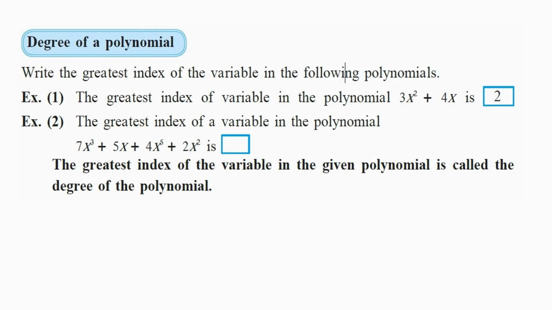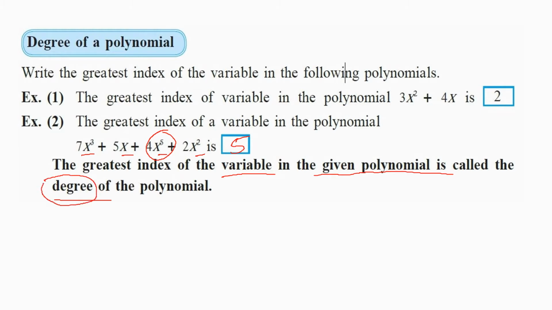The second one is 7x cubed plus 5x plus 4 into x raised to 5 plus 2x square. The variable x is common and the highest power for the variable x is 5. So the greatest index or the greatest power of the variable in the given polynomial is called the degree of the polynomial.